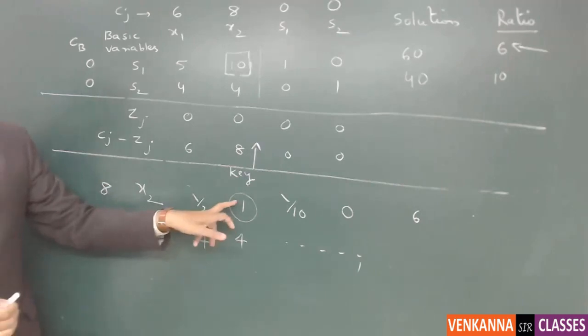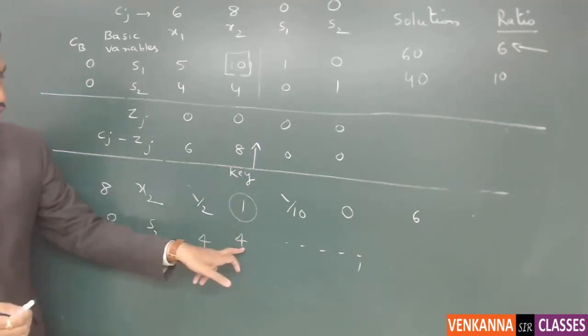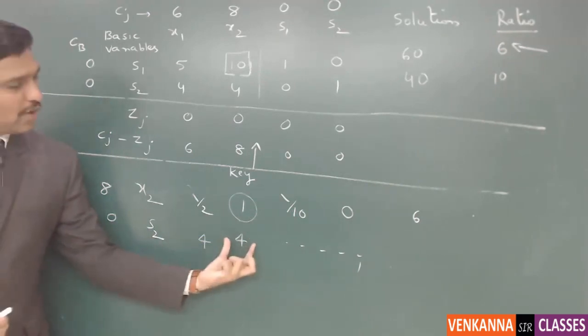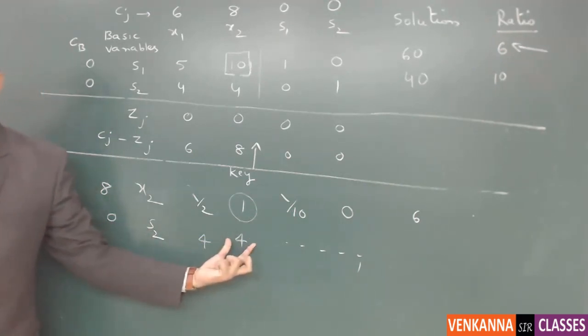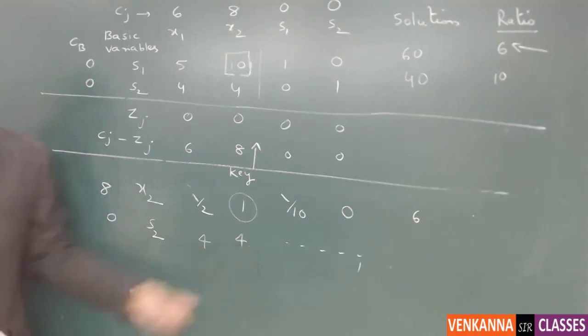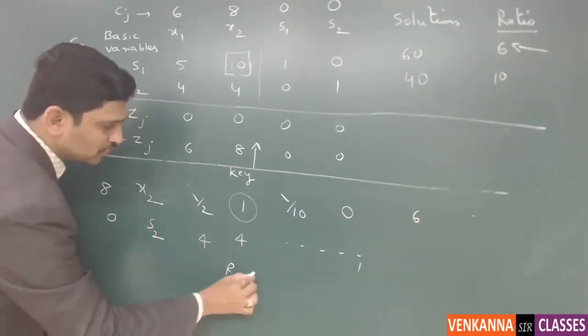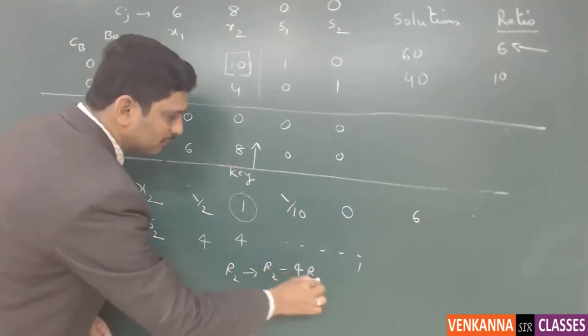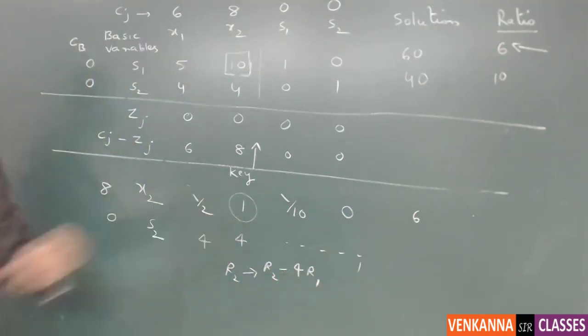So if this value is 1, the value before this and below this must be 0, right? If I want to make this 0, how should I perform the operation? So R2 tends to R2 minus 4R1, because 1 is standard here. Accepted?